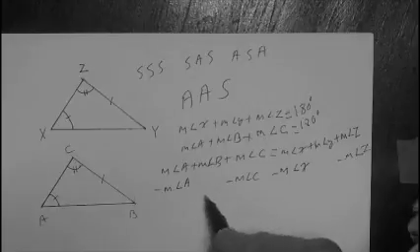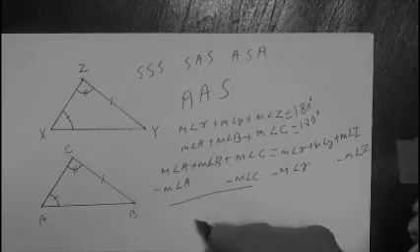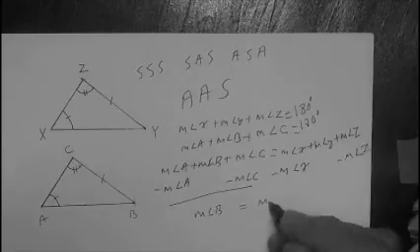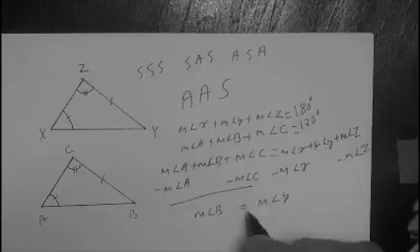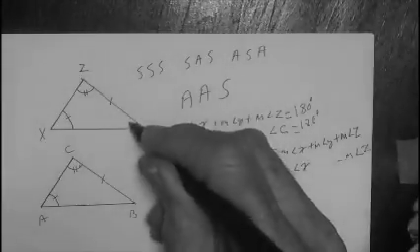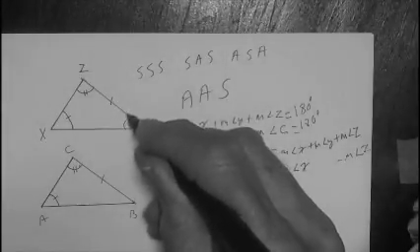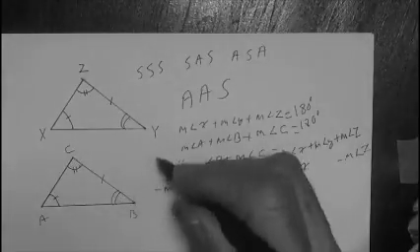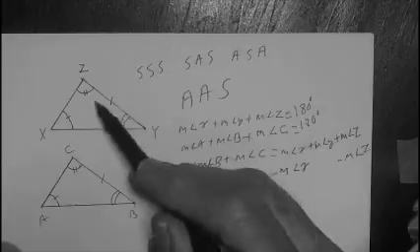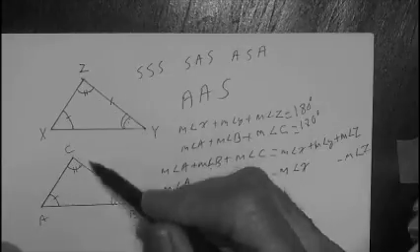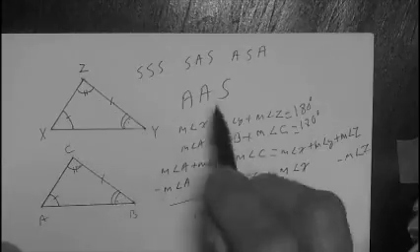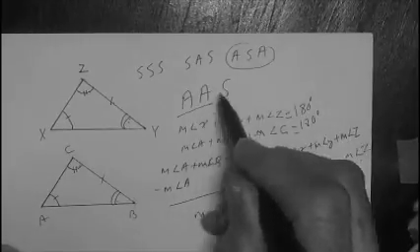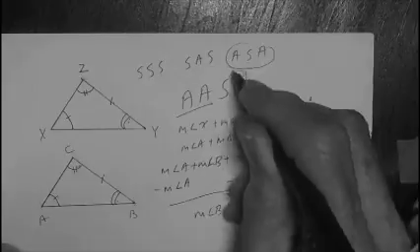And by golly, what's left is the measure of angle B must be the same as the measure of angle Y. So that means that these angles here must be congruent to each other. By golly, that gives me an angle, a side, and an angle equal to an angle, a side, and an angle, and we know that that works. So if this one works, this one here must also work.